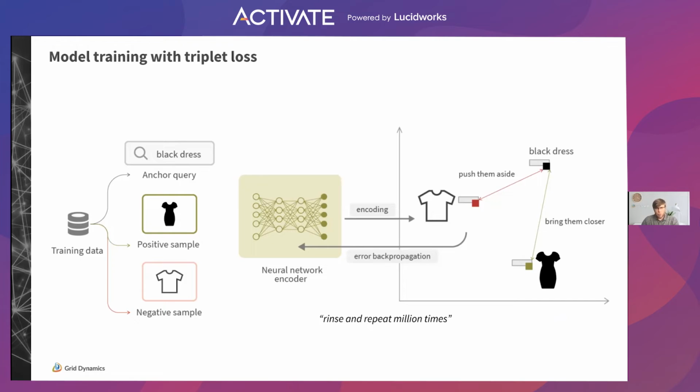because we always know which signals we can use to find the positive product, but the negative is something that has a gap, and we are not always sure which product is not relevant to the query. It can be new products. They can have no signals because they're new, or because they've never been shown to a user.